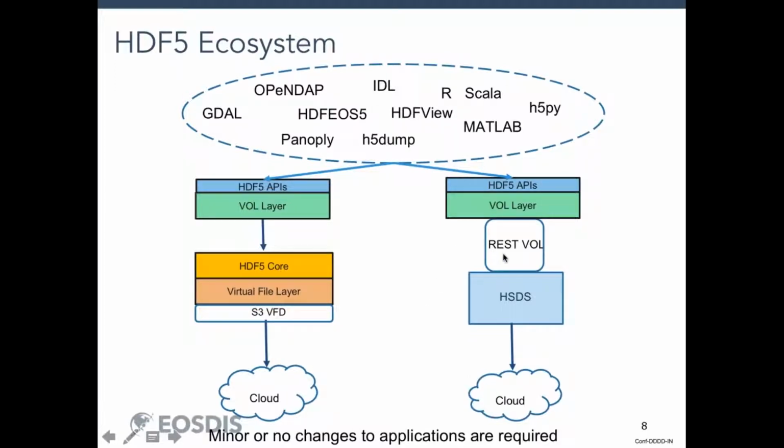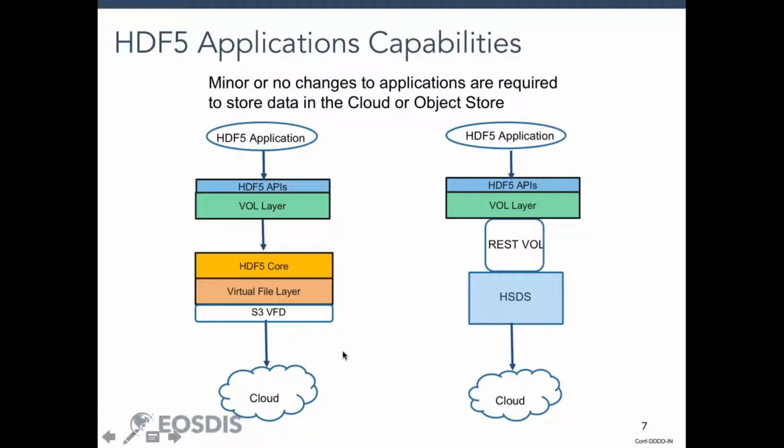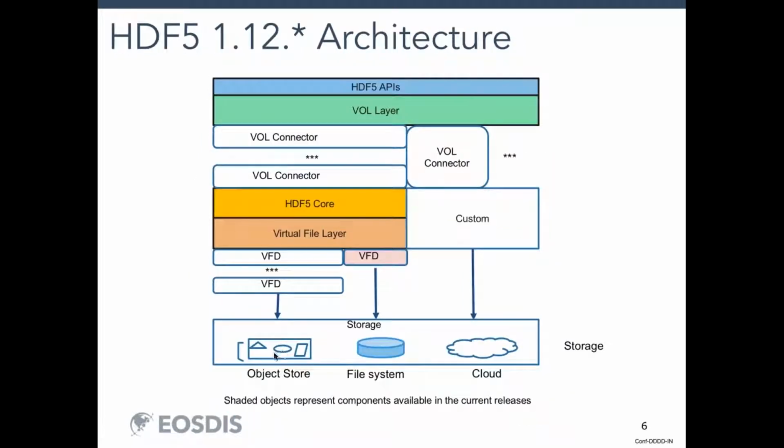Right, there was the S3 VFD, there's the REST VOL, and what was the third one? But HSDS is the server that the REST VOL talks to. And Hadoop is different, right? Hadoop is its own thing. Correct. The REST VOL is a plugin for the client side of the server.